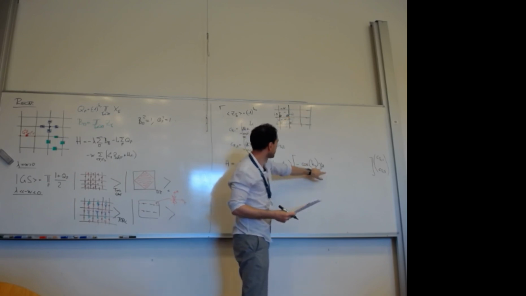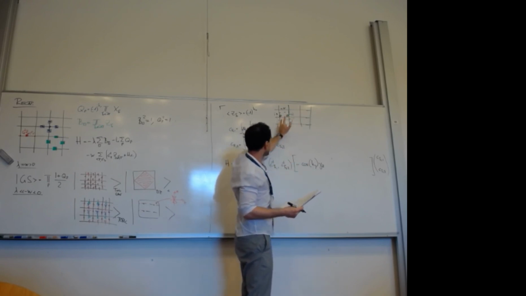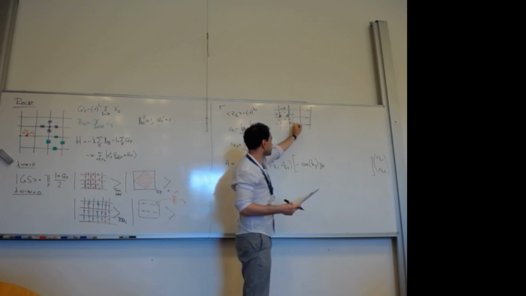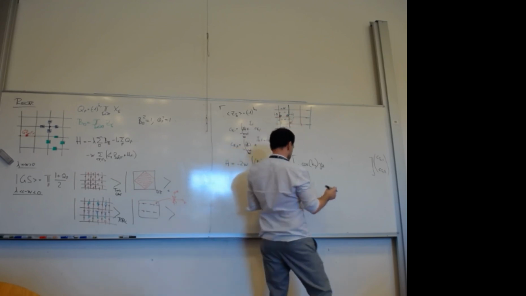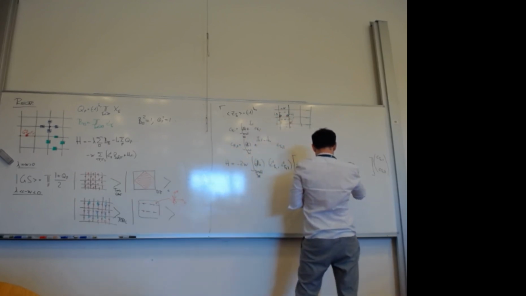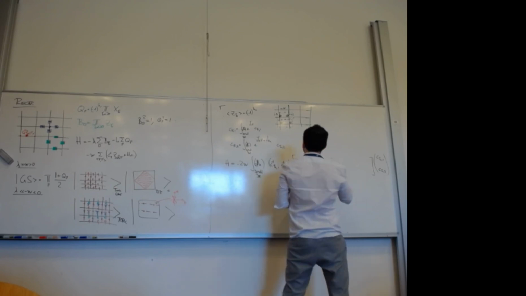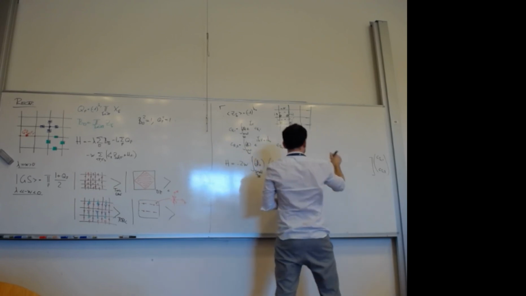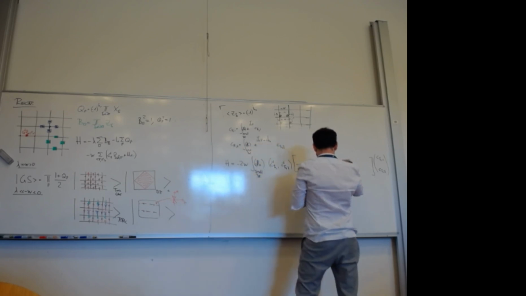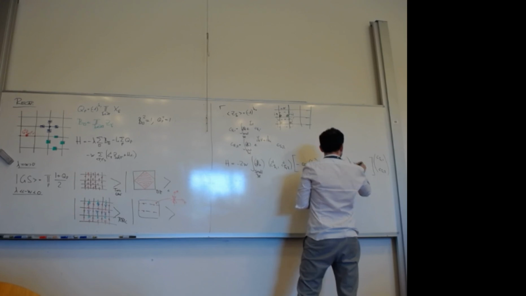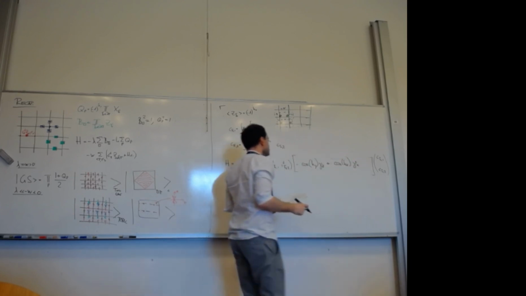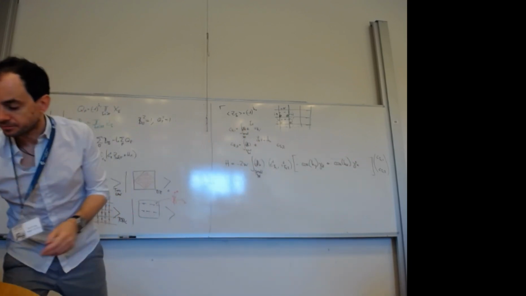So we have a different sign for hopping in the y direction, hopping from 1 to 1. And in the x direction, now it's really inter-subtype, with cos k_x.